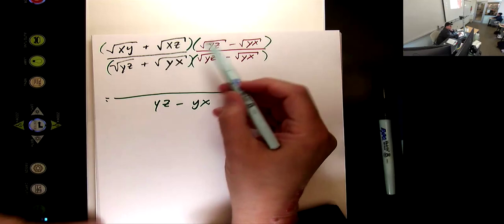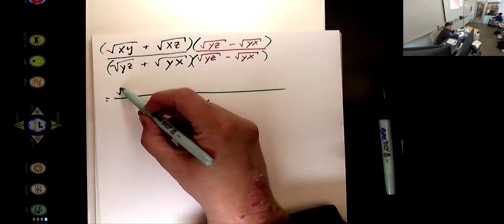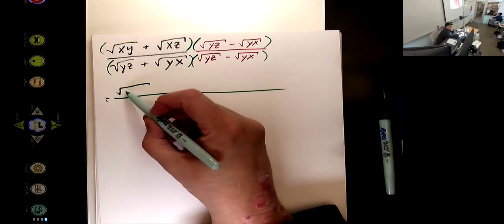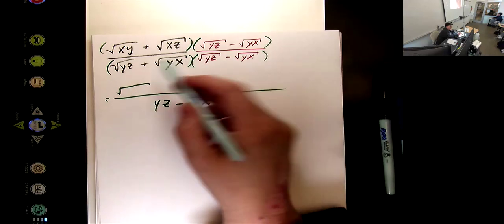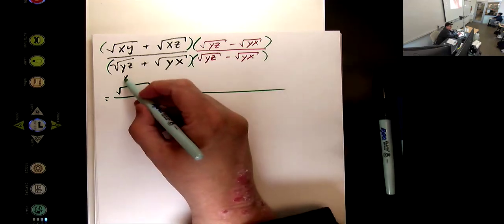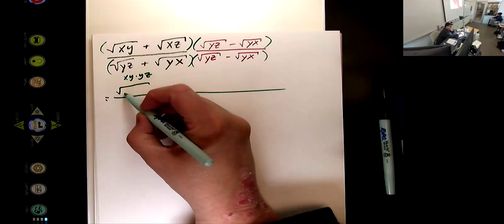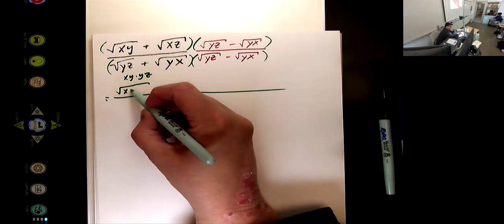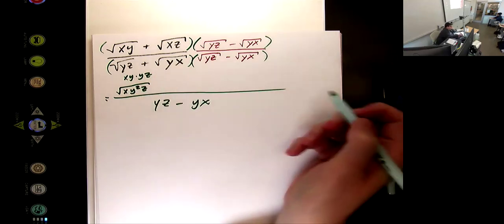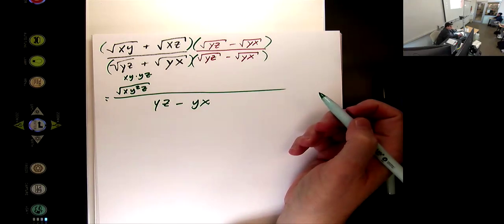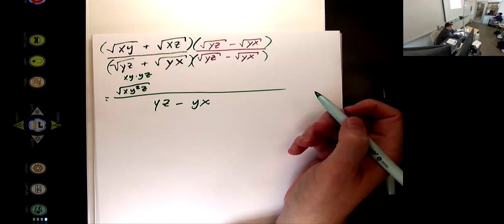So we just distribute and I get XY times YZ. So XY times YZ is XY squared Z, right? Oh, wait. I put the Y squared on the outside.